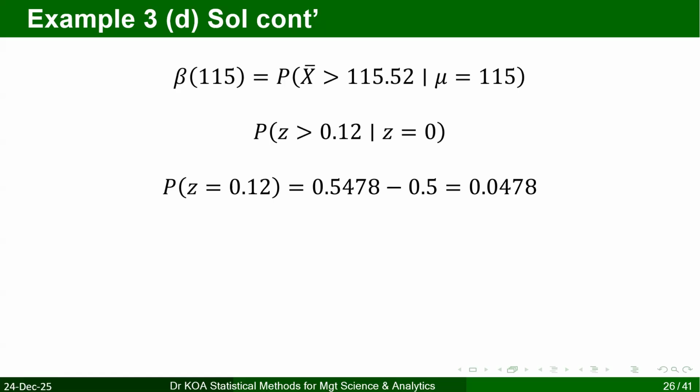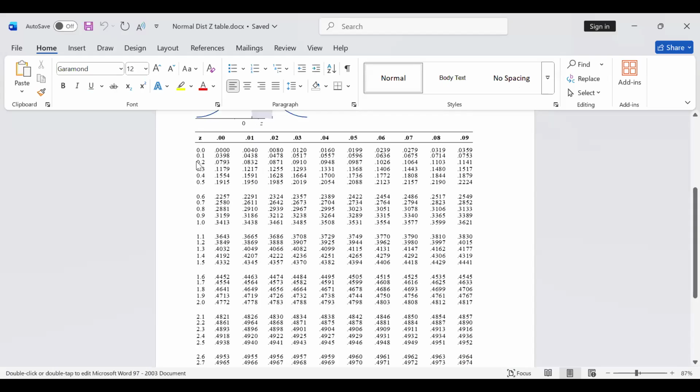No, you subtracted from 1. I think because of the Z table I used. Yeah. So that's why I say that it's always nice to use the one that is 0.5 maximum. So let me show you. 0.12 will give you 0.0478. So that gives you the answer even straight on.